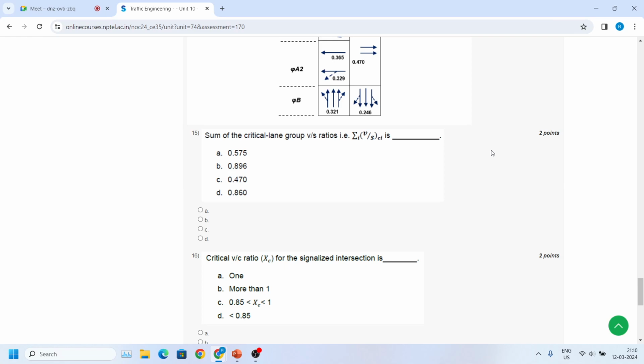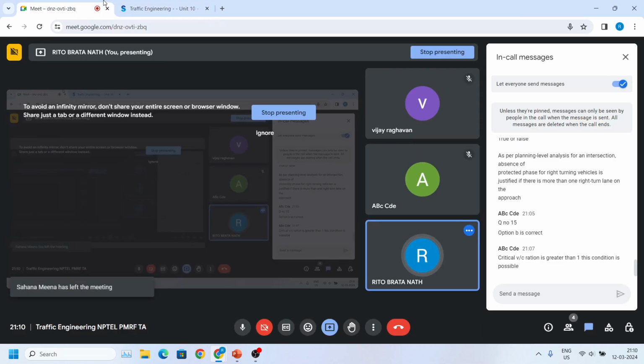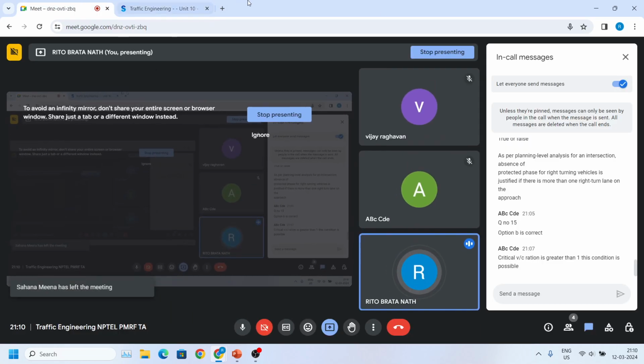Yeah, I think in this example you might be getting it more than one. That's what I feel. I worked it out. That can be a correct answer, but I'm not giving you the answer as such. That can be a possibility.